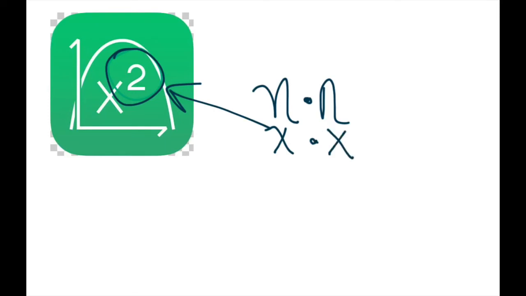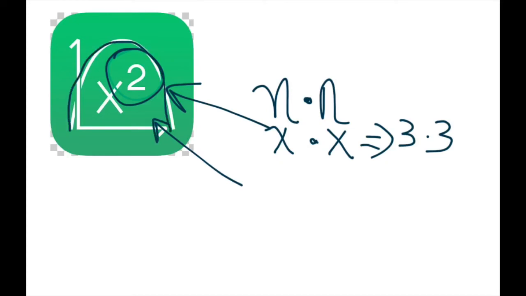And if I put a value in for x, 3 times 3, I know that I need to multiply those two values together. This is what I'm going to get. I'm going to get a parabola. That's why this business around a square is so important.